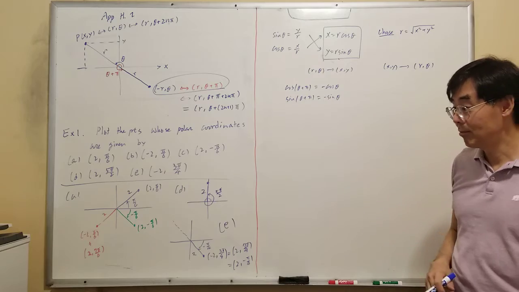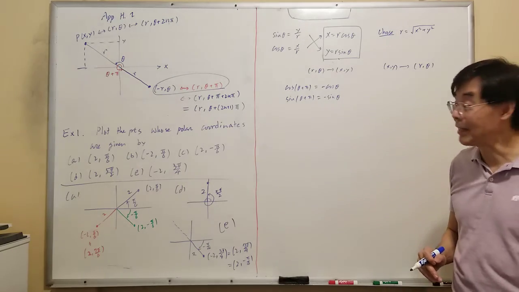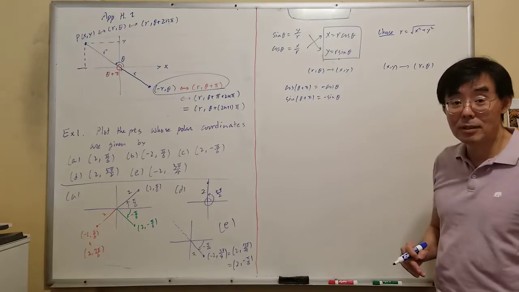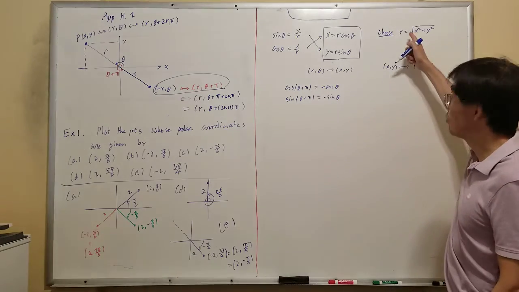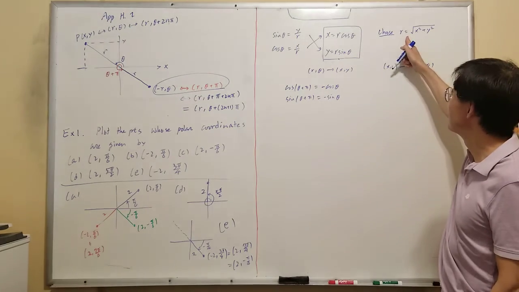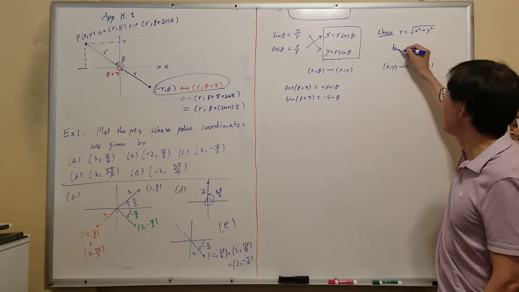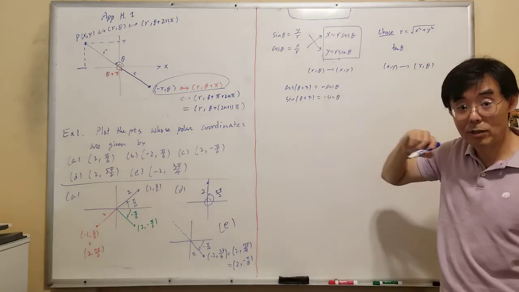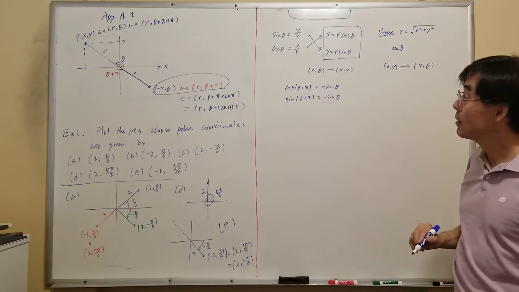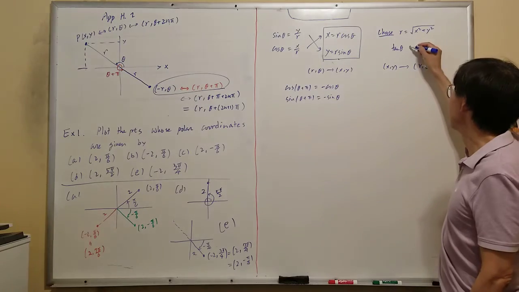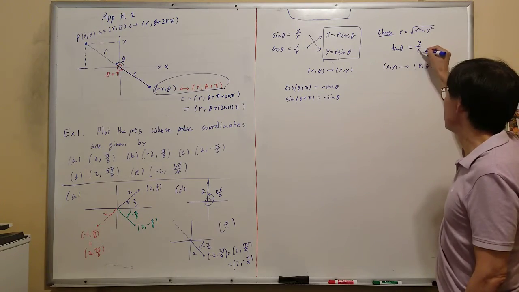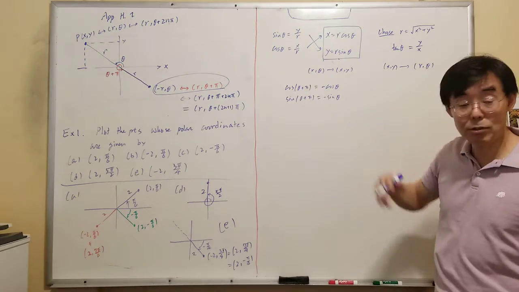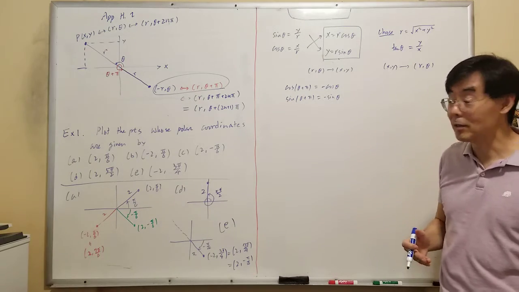That's just self-torture, right? Just complicated. So we choose a positive value of r. Then our theta is really the direction of the position. Well, we know that tangent theta has to be y over x, from the definition of tangent, right?